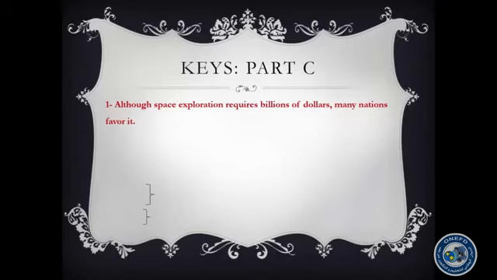So although sentences have two clauses: we have the subordinate clause and we have the main clause. The subordinate clause is the one with although. As you can see, we started the sentence with although, so we started with a subordinate clause.